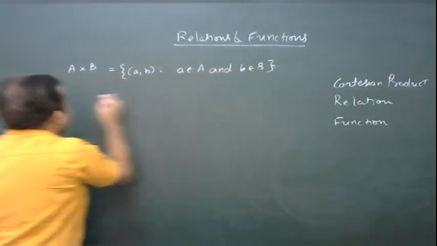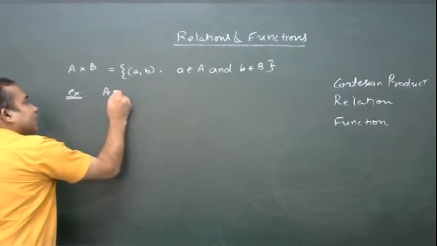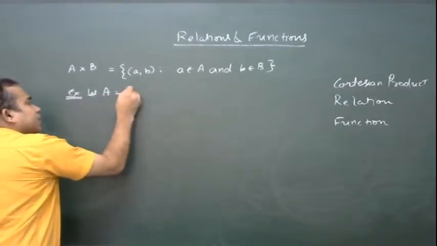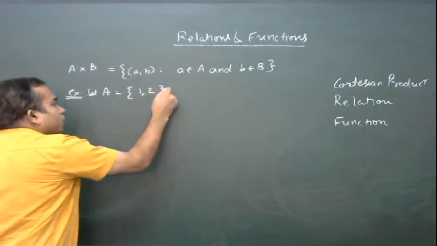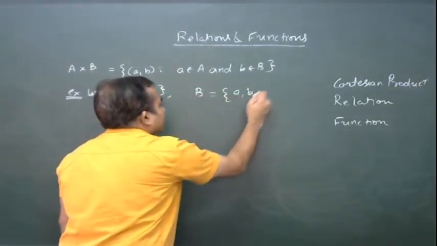And we saw one example also, just revision of yesterday's class. Let A be {1, 2} and B be {a, b, c}.